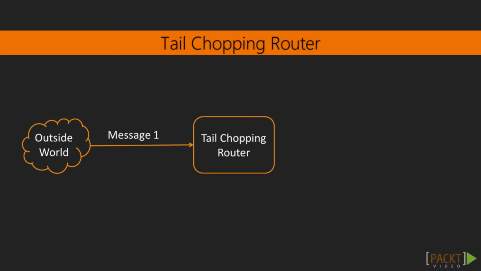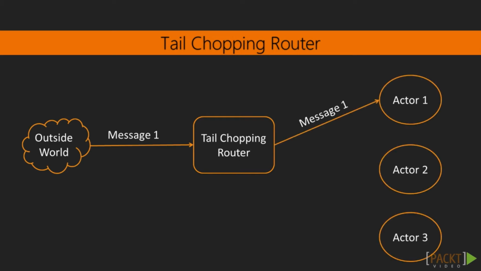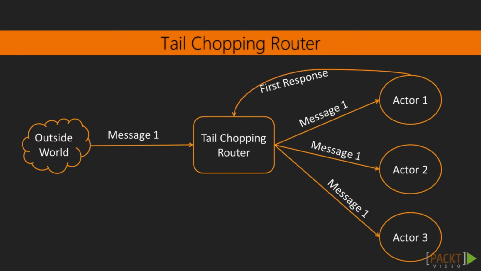Tail chopping is like scatter-gather, but sends a message to one routee, randomly picked, and then after a small delay, sends the message to the second one, and so on. It allows sending the same work to more workers if it seems as if the first one is not going to respond in time, and therefore, one can get way better latencies on responses sometimes.